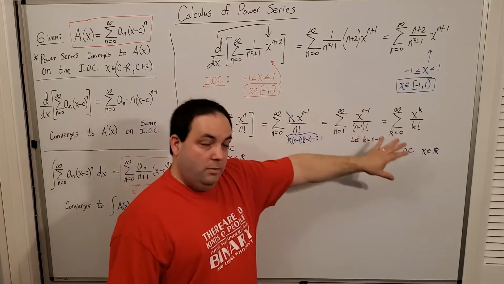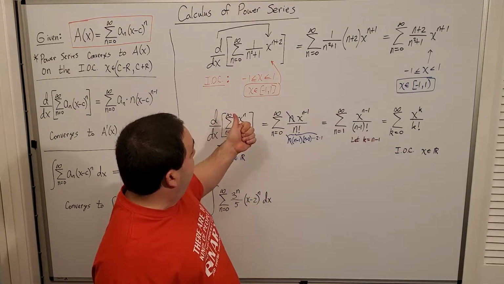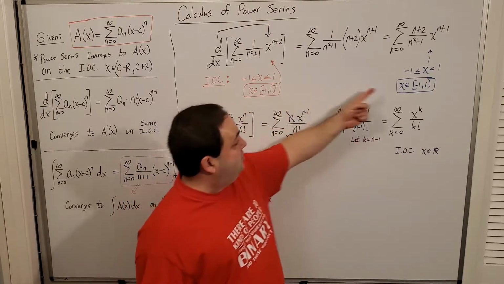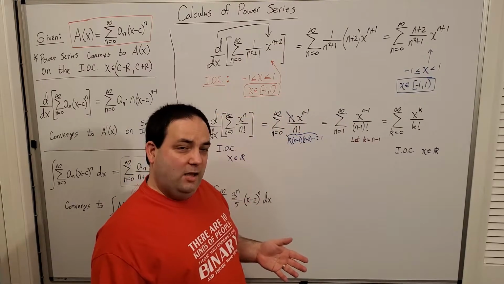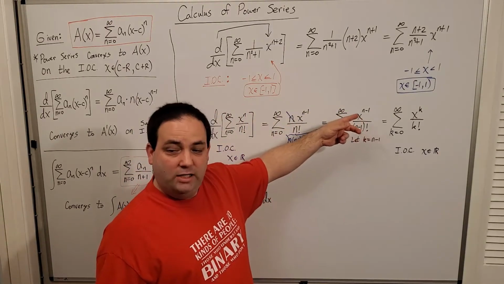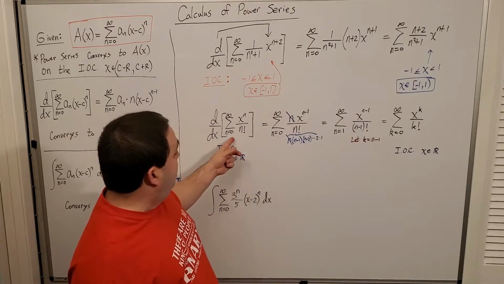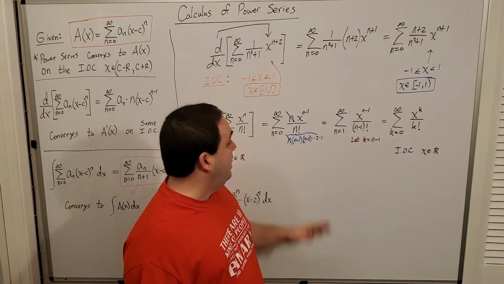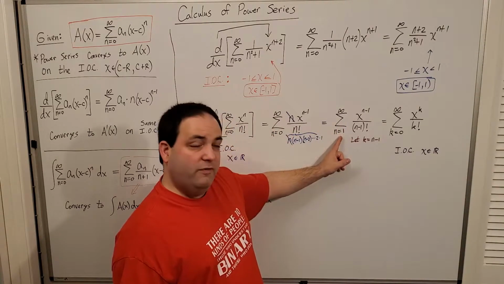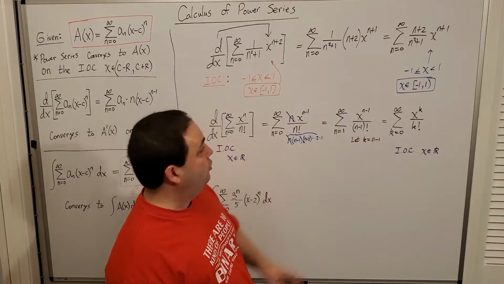But a couple of good points here. When you take derivatives, you can lose endpoints, you can gain endpoints, whatever. Your interval of convergence itself doesn't change, but the endpoints can change. You can sometimes lose terms because they will zero out, and you definitely should reflect that in your pieces.